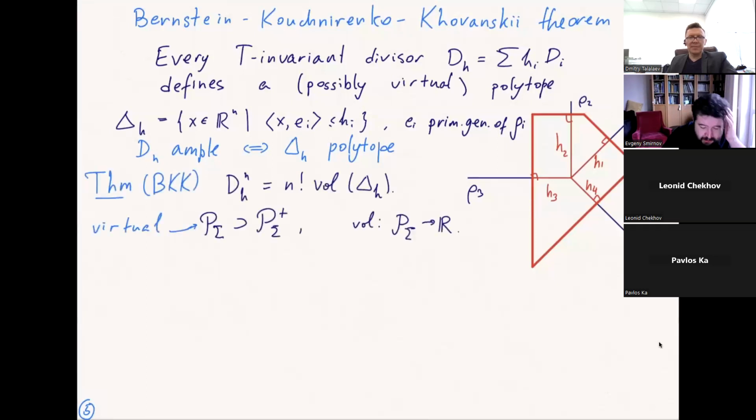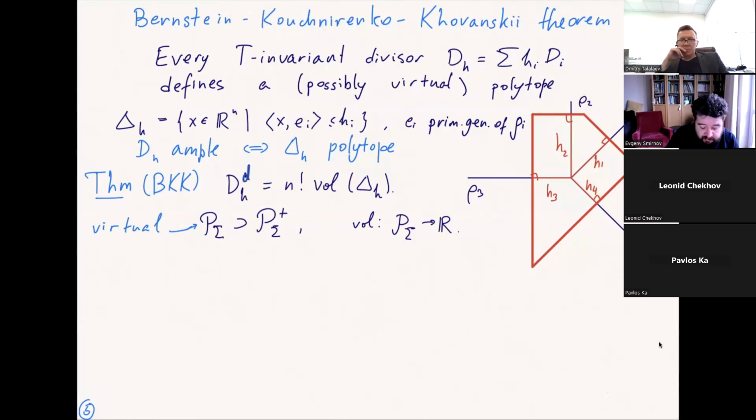And actually, you can take the space these polytopes live in. Namely, you can take these h's as the coordinates on your space and say that, if you're lucky, they define a polytope. And if not, we can still consider the divisor, we can still consider the self-intersection number. And a theorem by Gorenstein and Khovanskii tells you that the self-intersection number of the divisor, so this must be not n, but d.